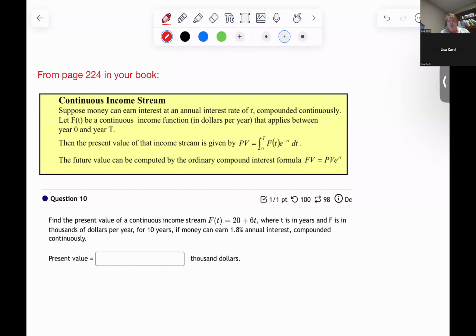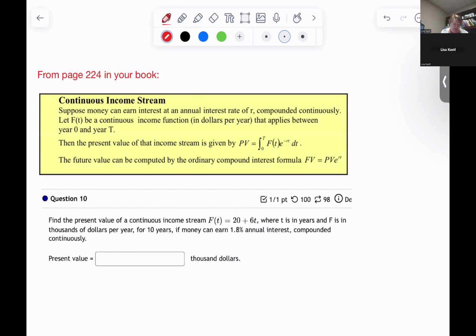I have on the screen that on page 224 of your book, there is the formula for the continuous income stream. And we're going to be finding the present value of this continuous income stream. So let's read the problem.